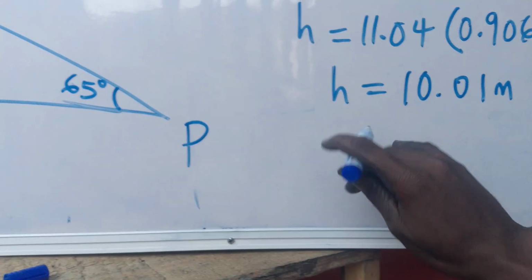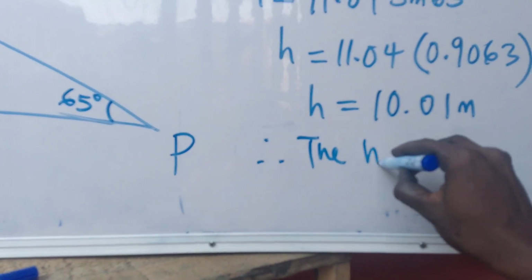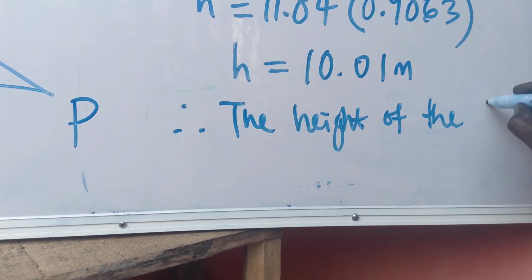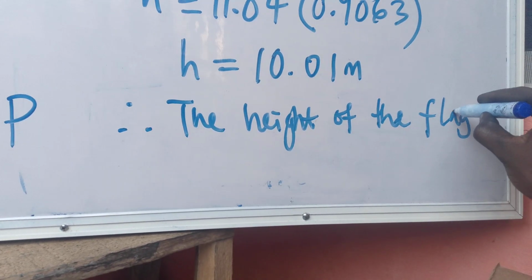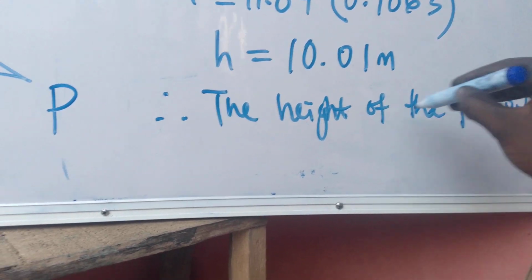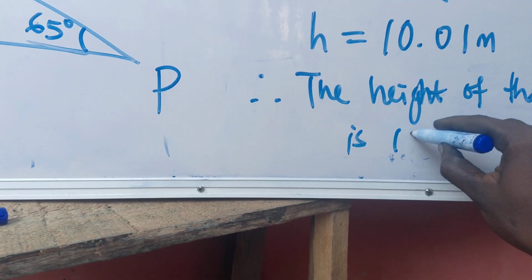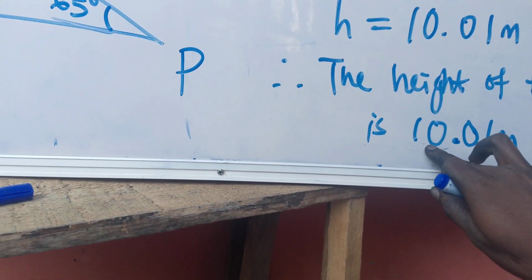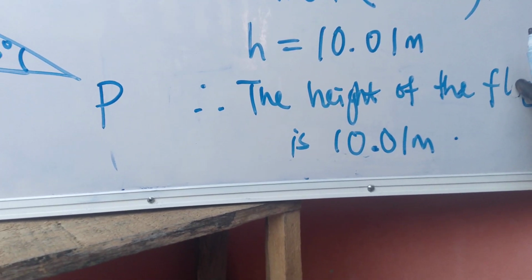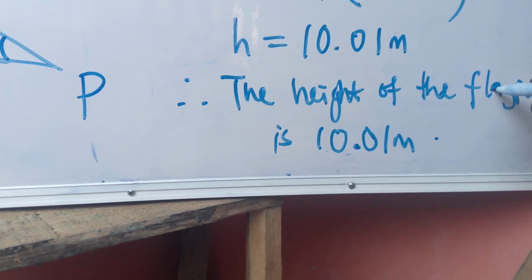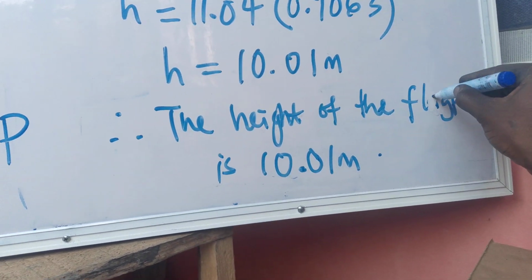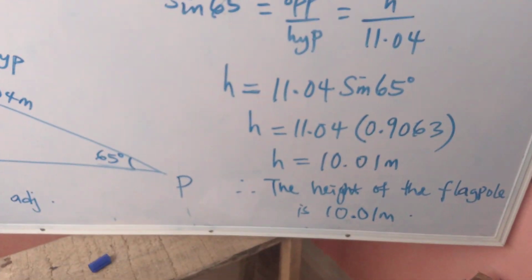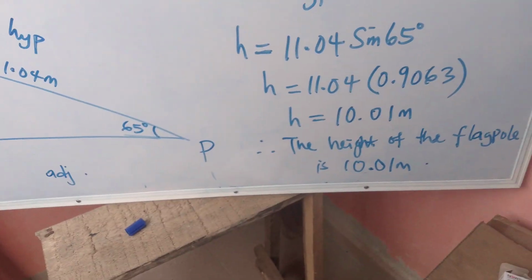So therefore the height of the flagpole is 10.01 meters. That's the height of the flagpole. When you multiply, you get that to 2 decimal places.